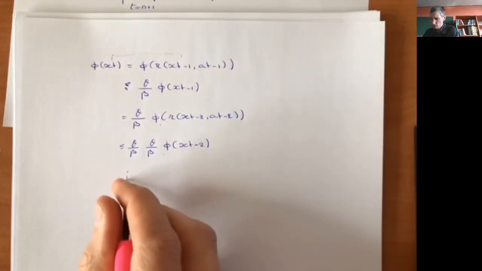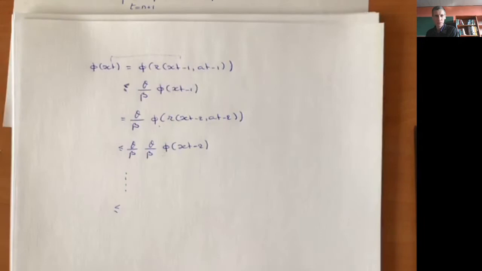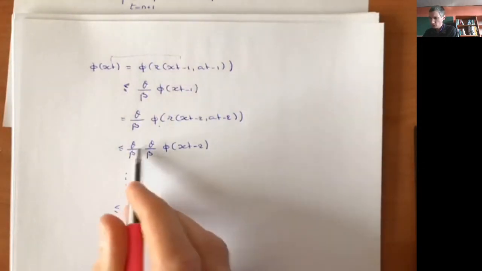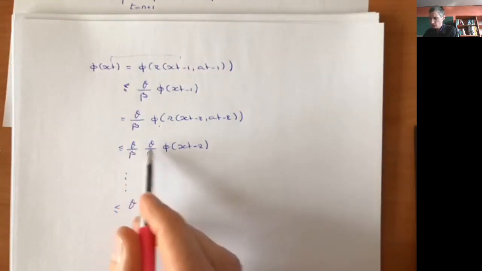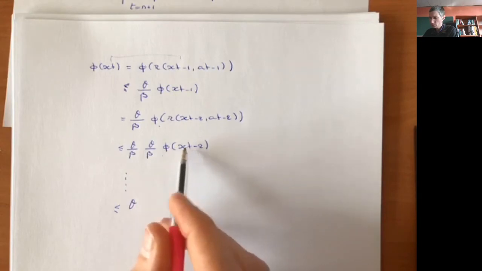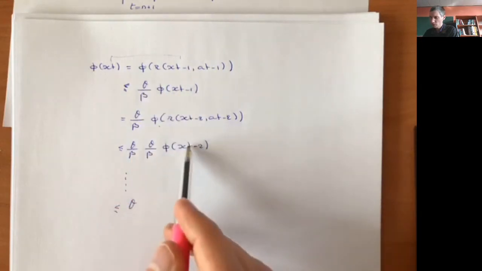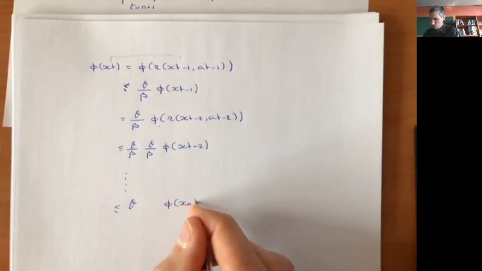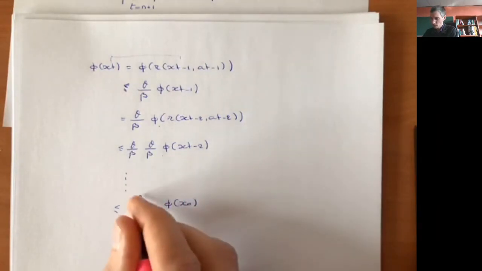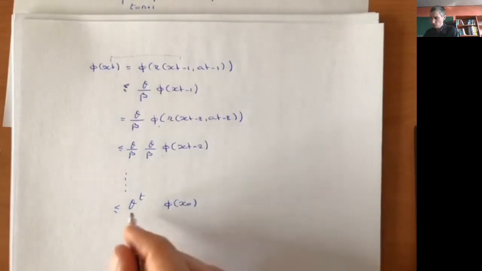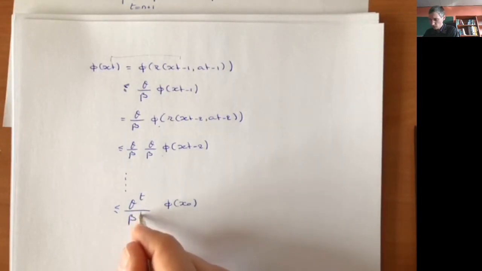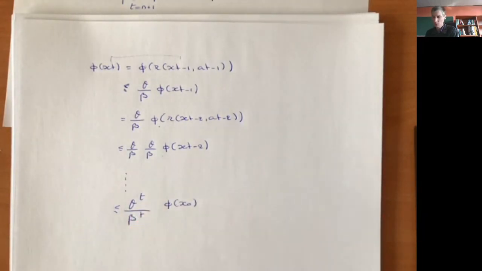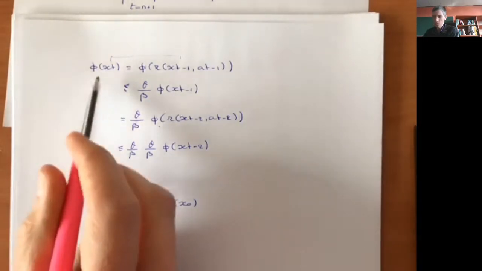After that many substitutions, how many thetas will we have? Well, t minus 1 we have 1 theta, t minus 2 we have 2 thetas. So at the end we arrive at phi of x0, so theta to the power t, and then divide by beta to the power t. So this puts an upper bound on phi of xt.